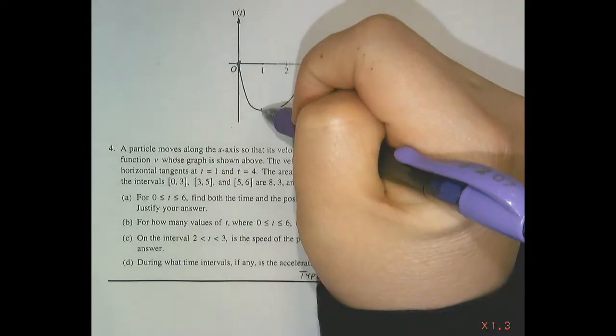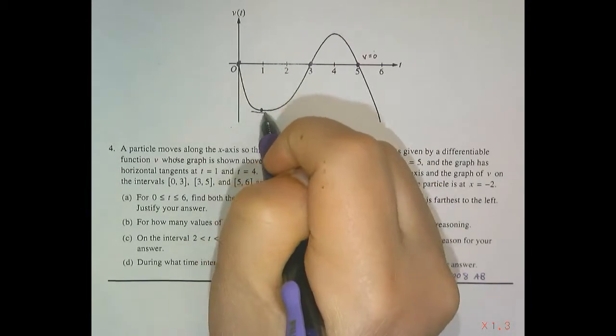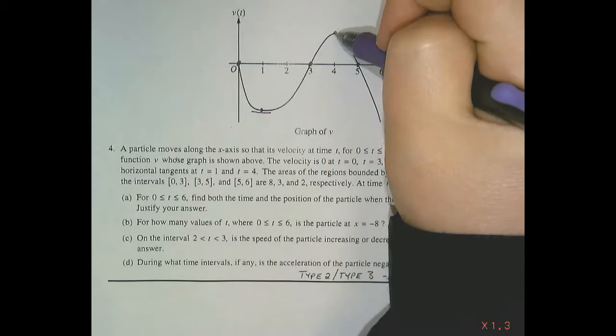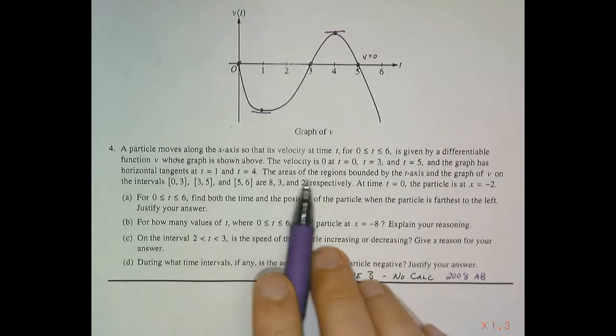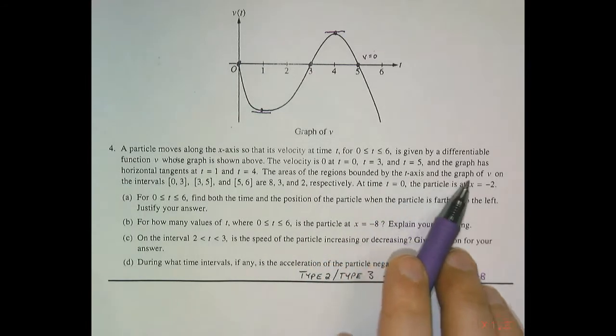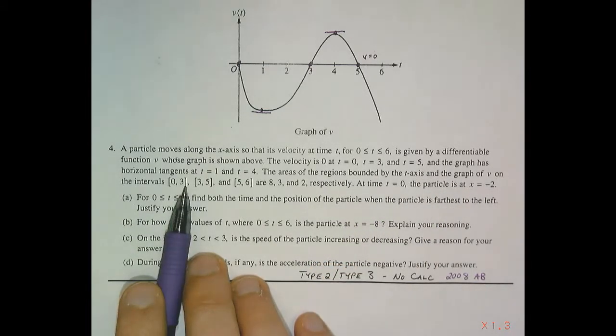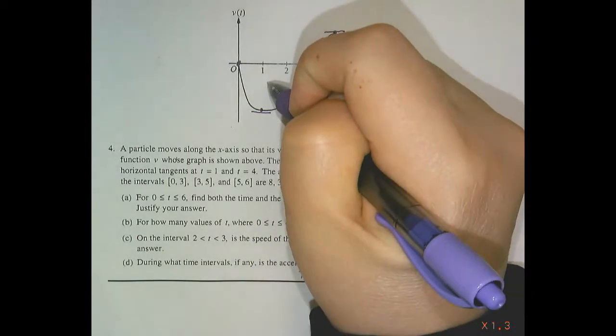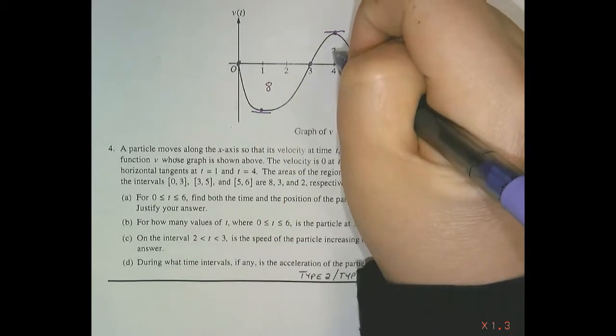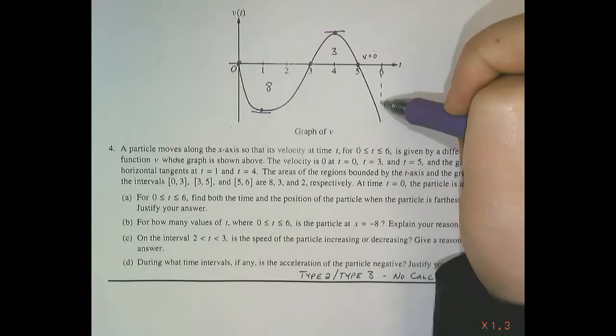So at time 1, we have a horizontal tangent, and at time 4, we have a horizontal tangent. The areas of the regions bounded by the t-axis and the graph of v on the intervals 0 to 3, 3 to 5, and 5 to 6 are 8, 3, and 2 respectively. So this region is 8, this region is 3, and this region is 2.